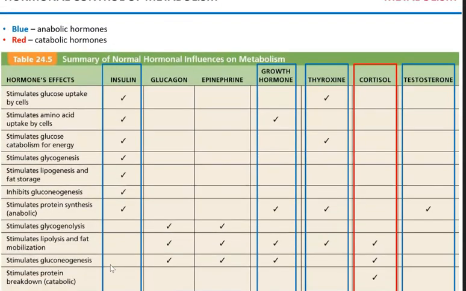Now, regarding the hormones, I want you to basically know which hormones are anabolic, hormones that stimulate synthesis, growth, and which hormones are catabolic. Anabolic: insulin, growth hormone, thyroxine, testosterone.